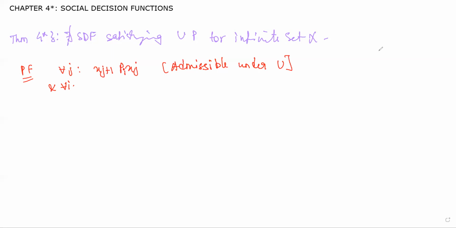Right. So check: there is no socially best element. Therefore, there is no socially best element in X. Why? Because if you choose any element, say x_k, then x_{k+1} P x_k, right? So x_k cannot be the best element. But this holds for all k because it's an infinite set, so you can't run out of elements, right?